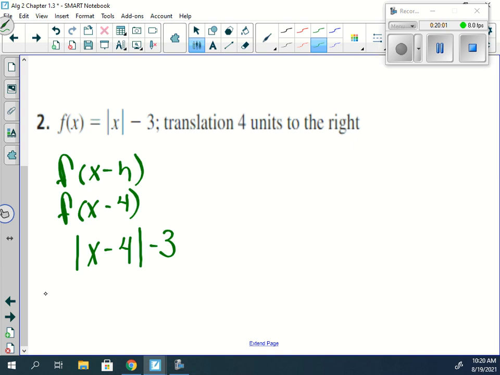We can't. Because it's inside the absolute value bars, it's stuck there. Unlike parentheses, we can't just drop the absolute value bars because the absolute value bars are talking about a distance from 0, talking about distance. So we can't just drop those, we have to leave them. So this is as far as it goes. So there's some cases where you're literally just throwing it in, x minus 4, we're done. We don't have to do anything else to this. Questions on this here?